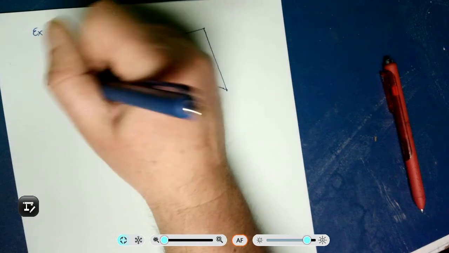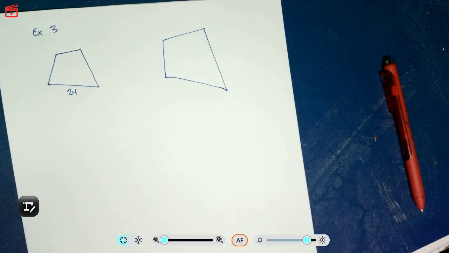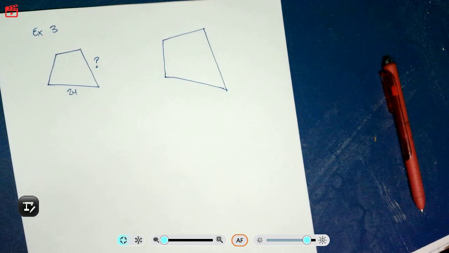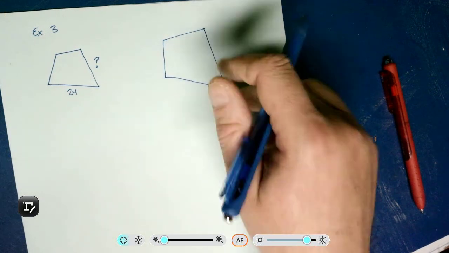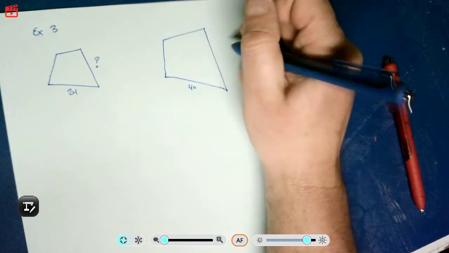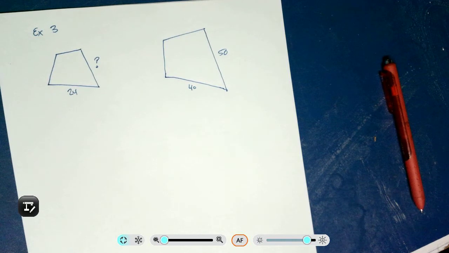So, let's say this bottom side here on the smaller one is 24. And this diagonal is unknown. And the bottom side is 40 units long. And the diagonal's 50. And we're assuming that they are oriented the same direction. So the bottom corresponds with bottom, side on right corresponds with side on right.